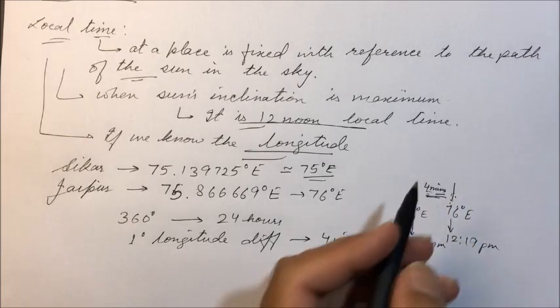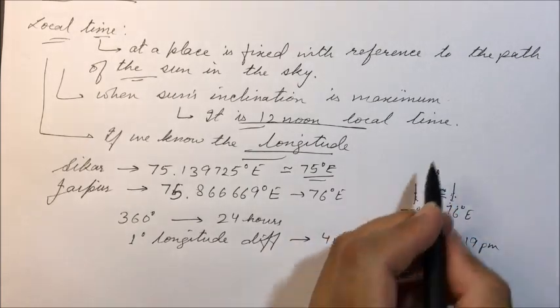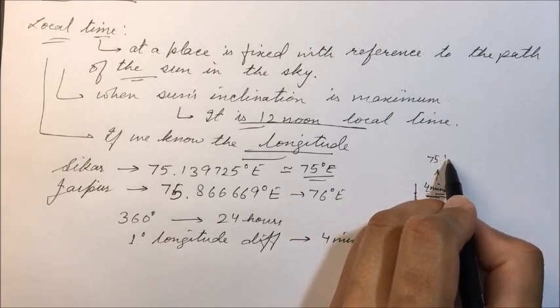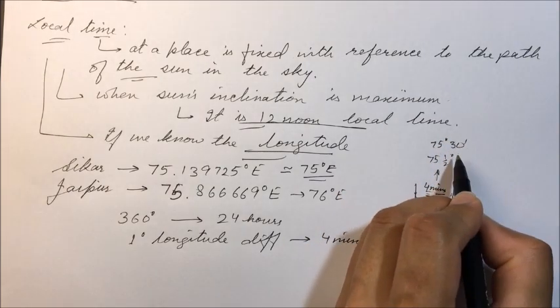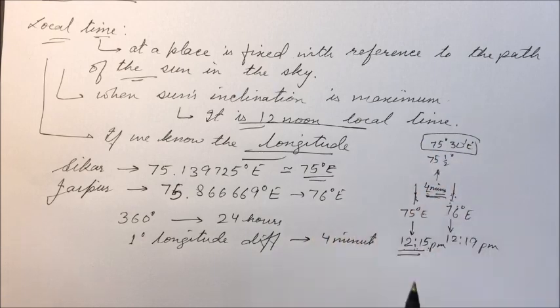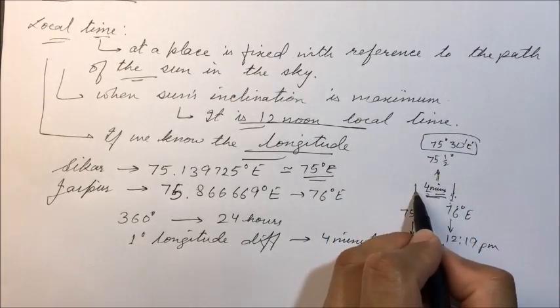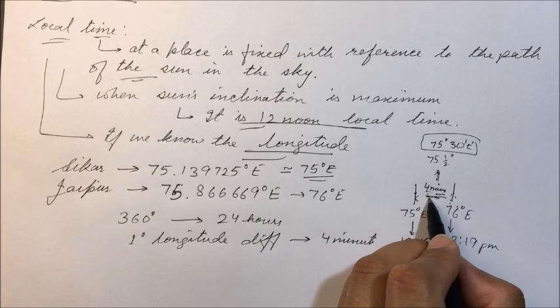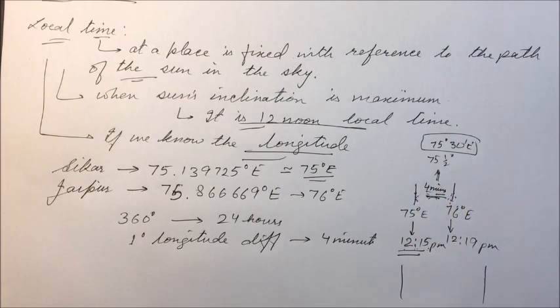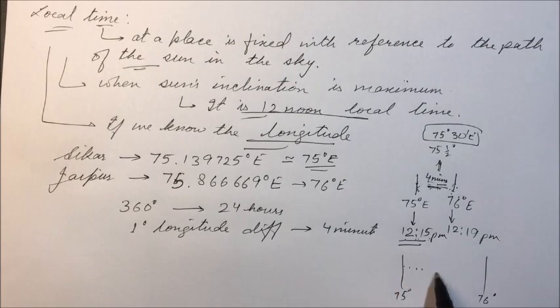Or for example, you have stayed somewhere in between, that is 75.5 degree or 75 degree 30 minutes east. At that place, you have to increase the time by 2 minutes. So if these are the longitudes, for example, 75 degree, 76 degree, in between there are other longitudes.